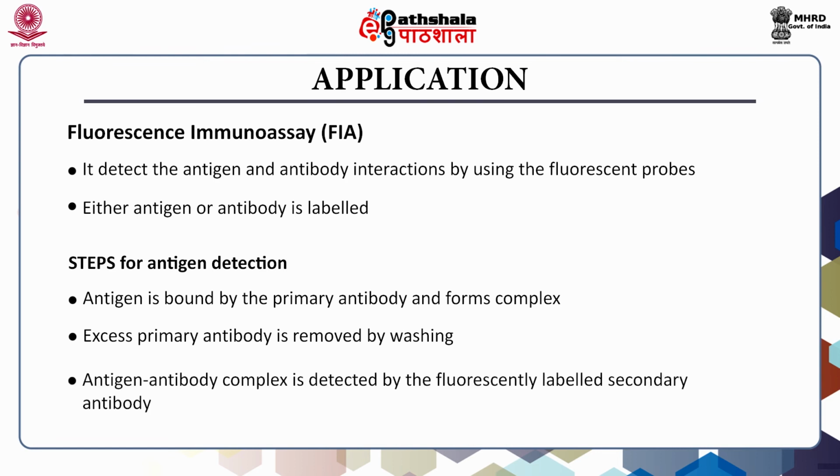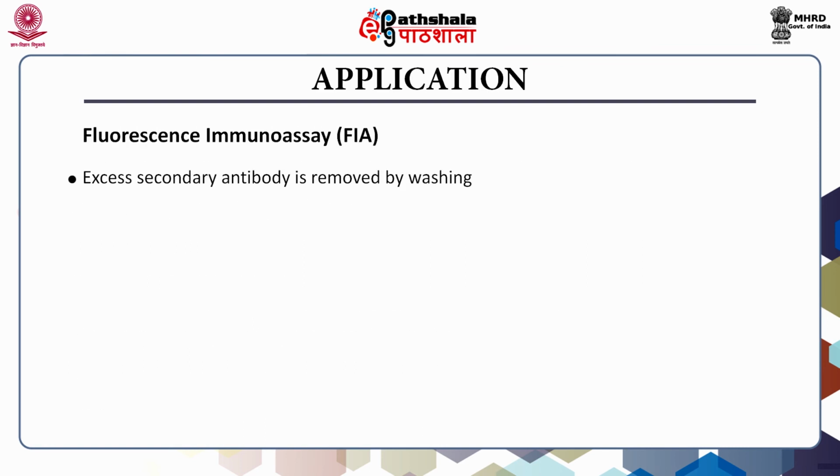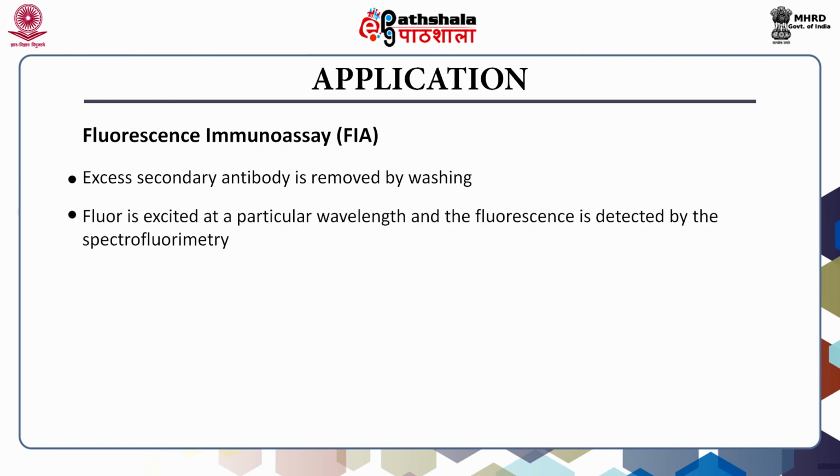The antigen-antibody complex is then detected by the secondary antibody labeled with the fluor. Excess of the labeled secondary antibody can be removed by washing. The fluor is excited at a particular wavelength and the fluorescence is detected by spectrofluorimetry.